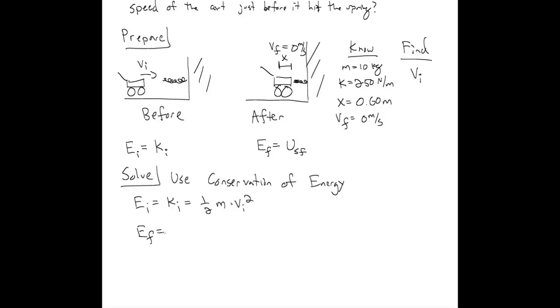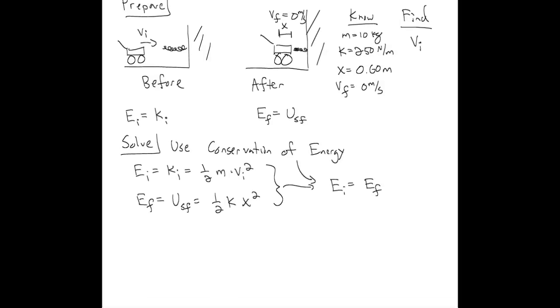And the final energy is the spring potential energy, and that takes the form 1/2 k x squared. So conservation of energy tells us that the initial energy is equal to the final energy.